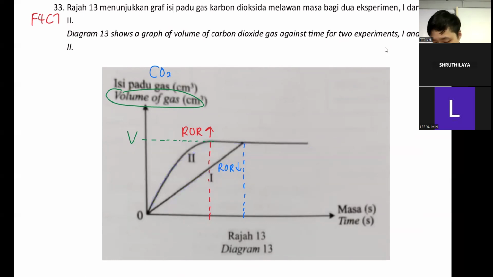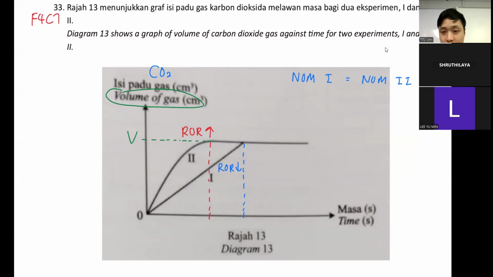If the graphs ended with the same height, it means the number of moles for the first one is equal to the number of moles of the second one.